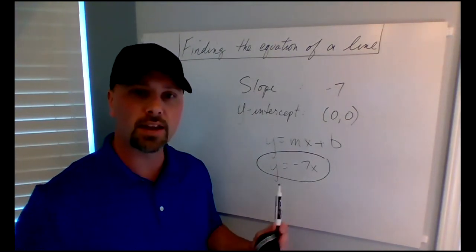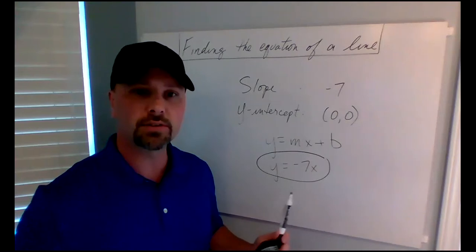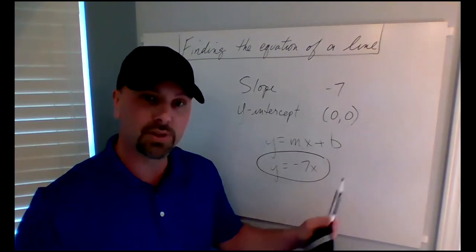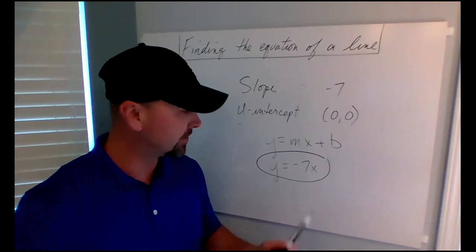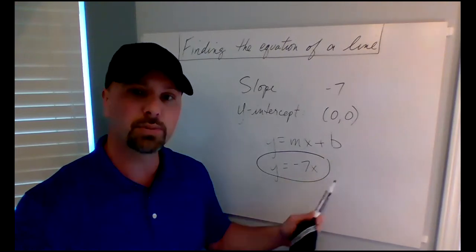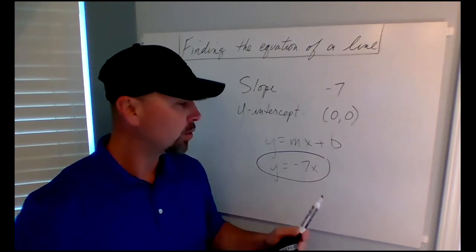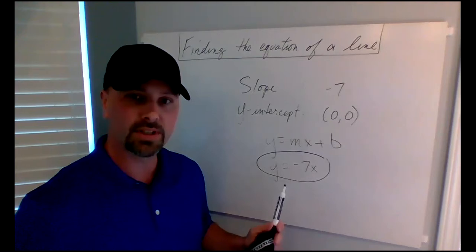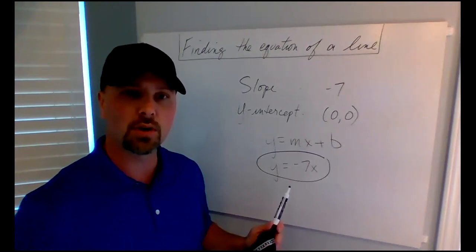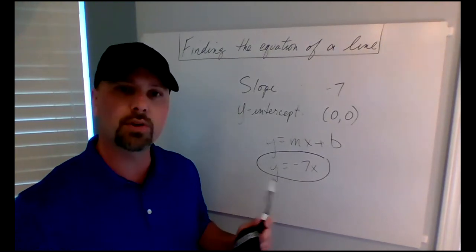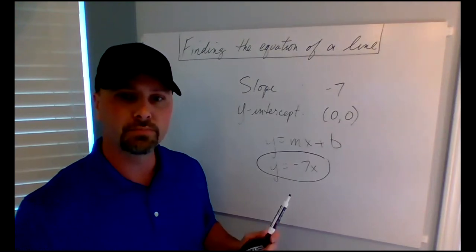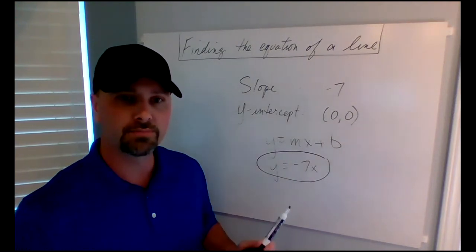It may look a little funny to you since it doesn't have the plus or minus a number. But I want you to recognize that when you see no plus or minus a number, you know that it crosses right in the center of the grid, (0, 0), the origin. Okay, let's go back to our sheet.